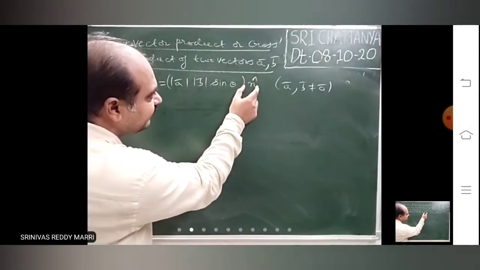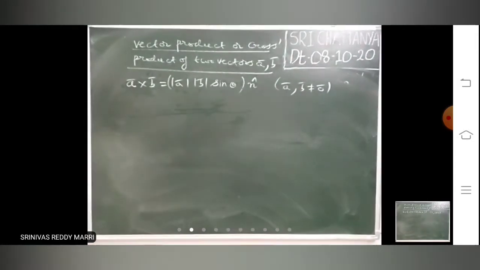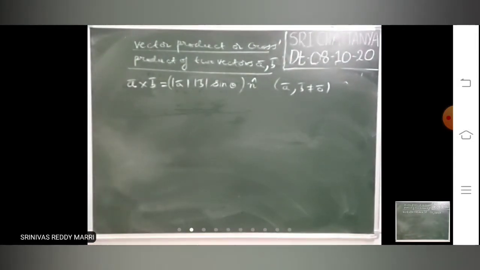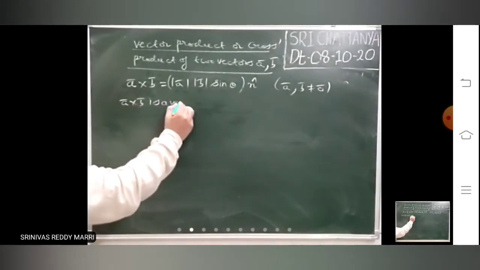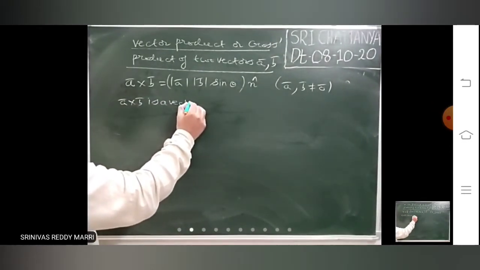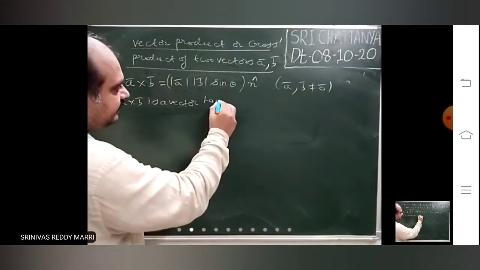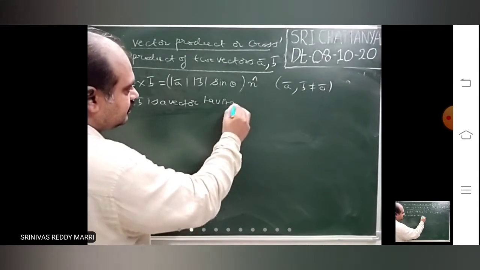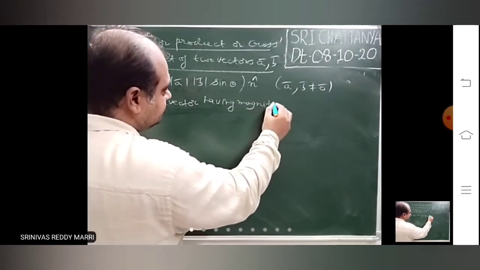Now n cap is the vector. That means a bar cross b bar is nothing but a vector, having magnitude and direction.